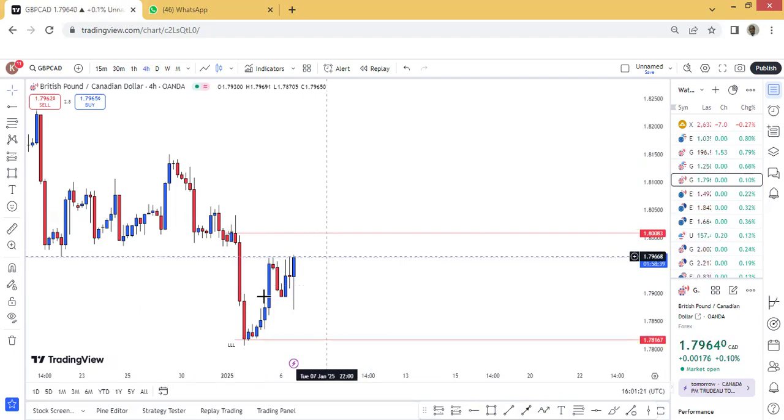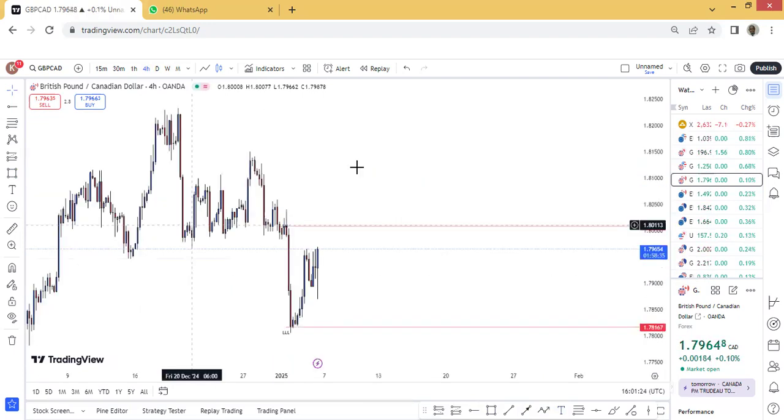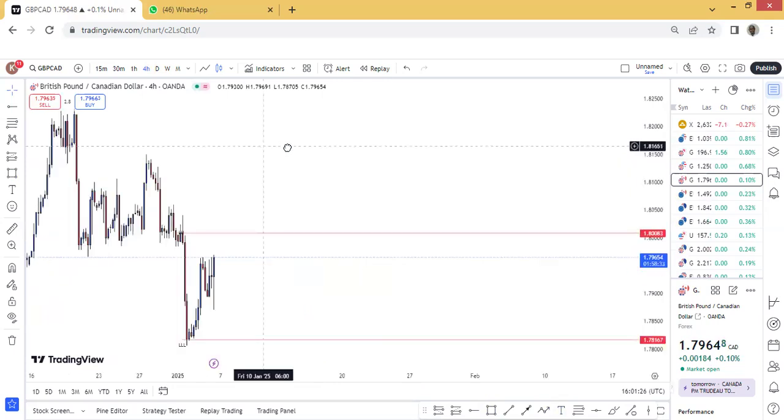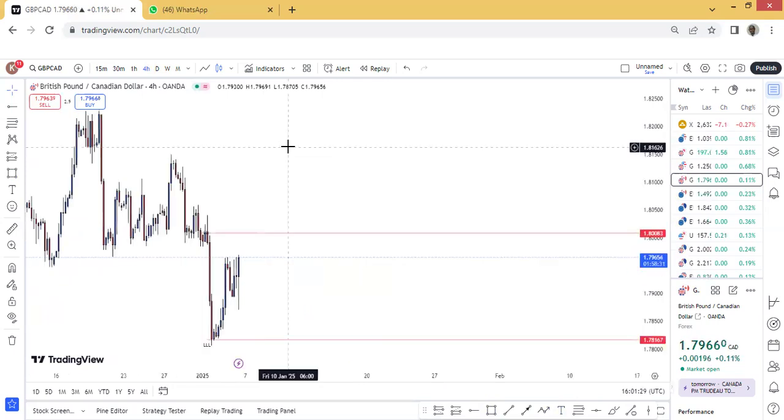Very clean. So now that we have identified the direction, we know that price is going to drop. We don't have any business trying to buy this market. Although we can, but I don't want to trade against the trend.